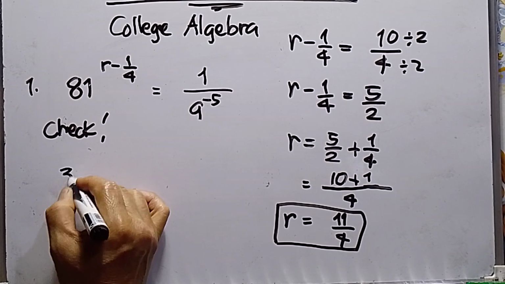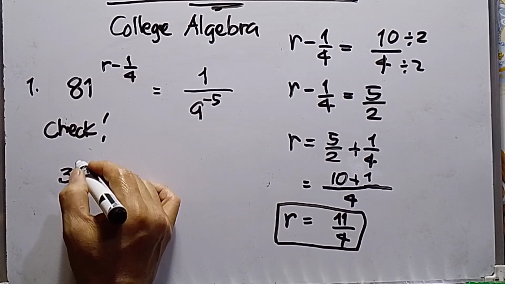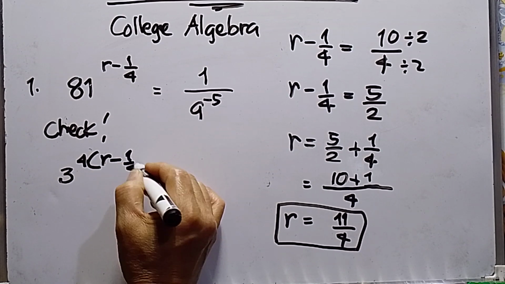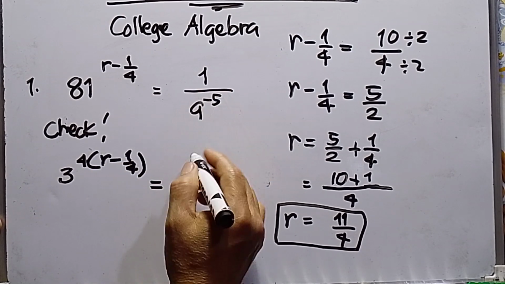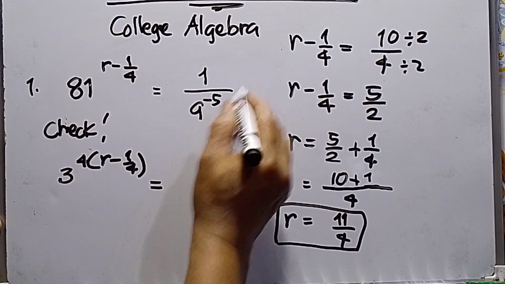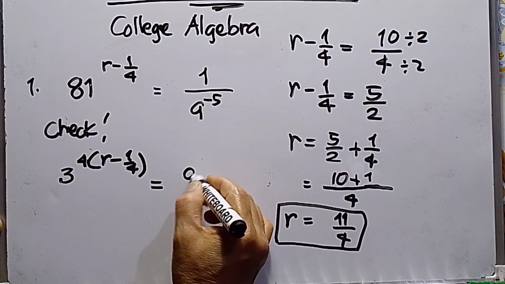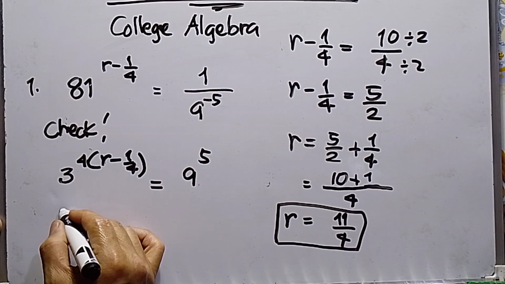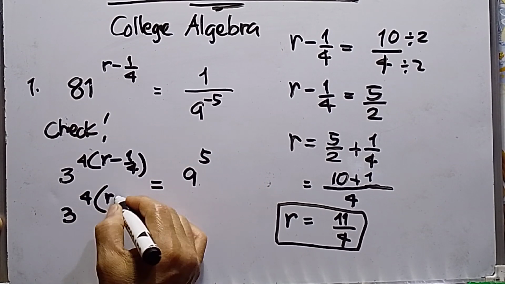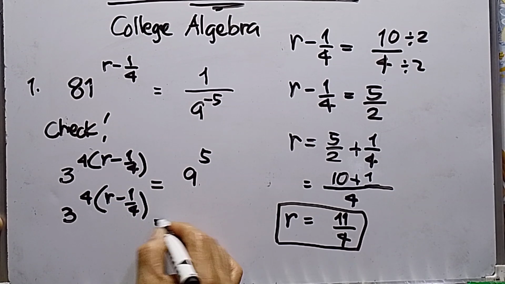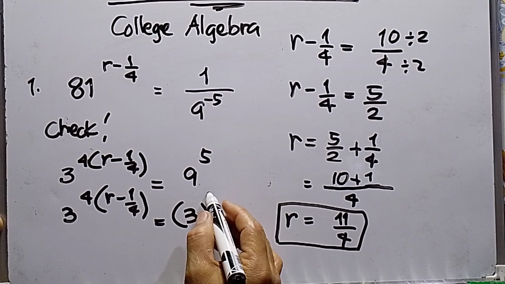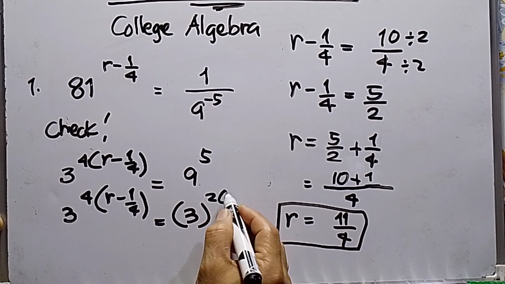This will be 3 raised to 4 times r minus 1 over 4. And then by using our laws of exponents, this will be 9 raised to 5. So this will be 3 raised to 4 times r minus 1 over 4 is equal to 3 raised to 2 times 5.